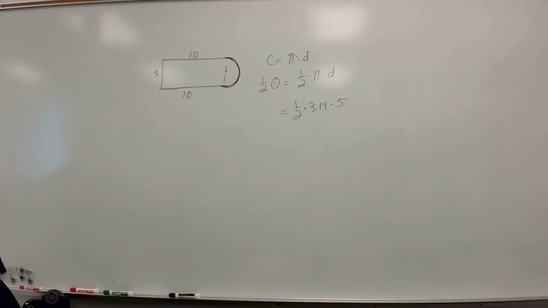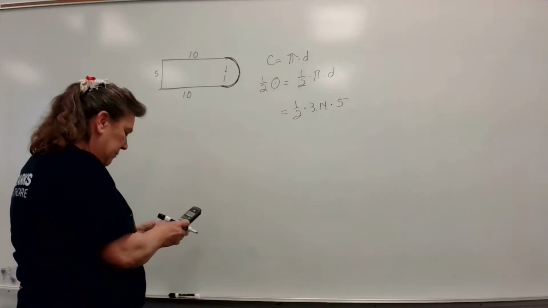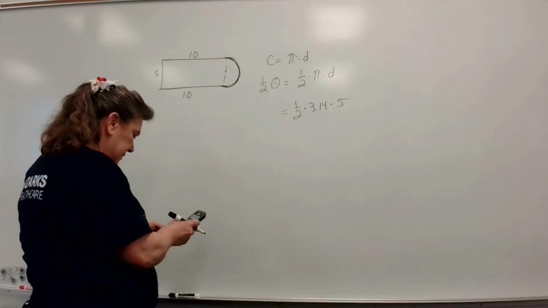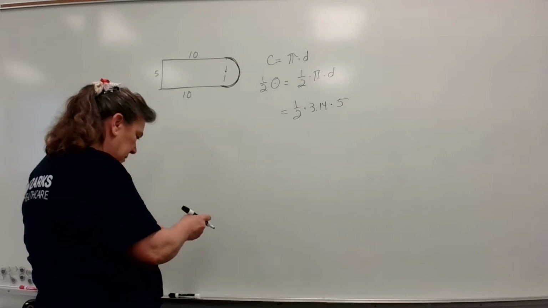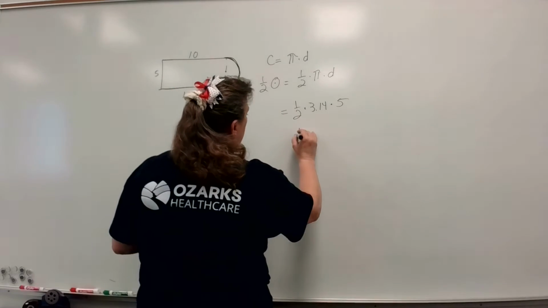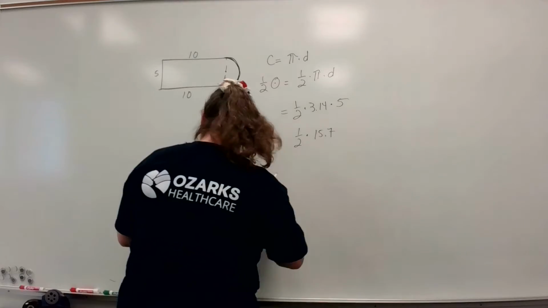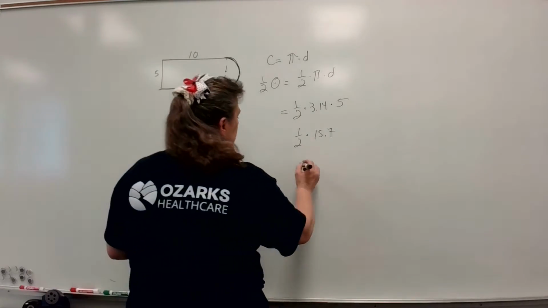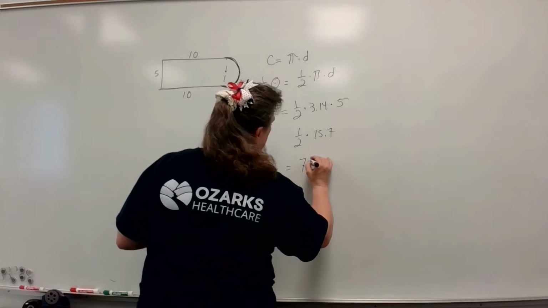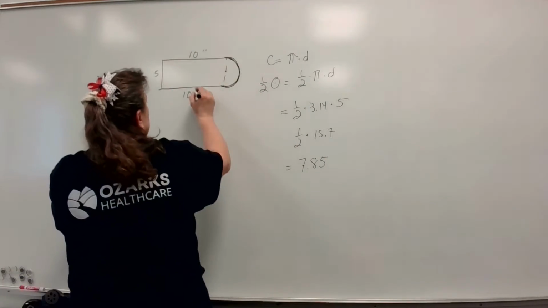Okay, so let's see what that actually is. 3.14 times 5, let's see, equals 15.7. So this will be 1/2 times 15.7, and divide that by 2, so this is going to be 7.85, and that will be what that half circle is.